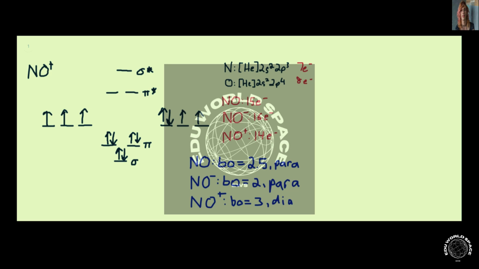Because remember, if you have unpaired electrons, you're paramagnetic. If you have no unpaired electrons, then you're diamagnetic.